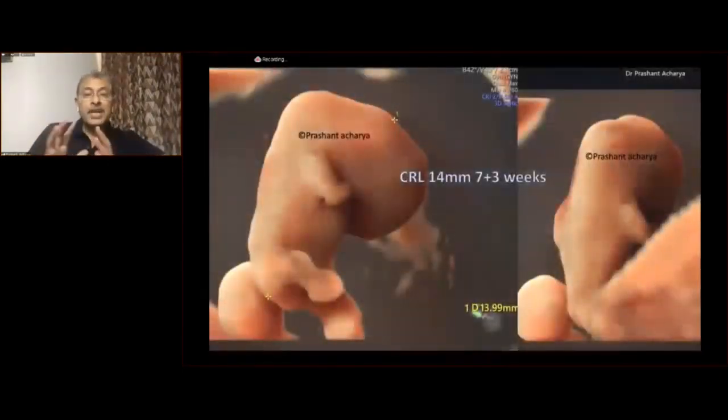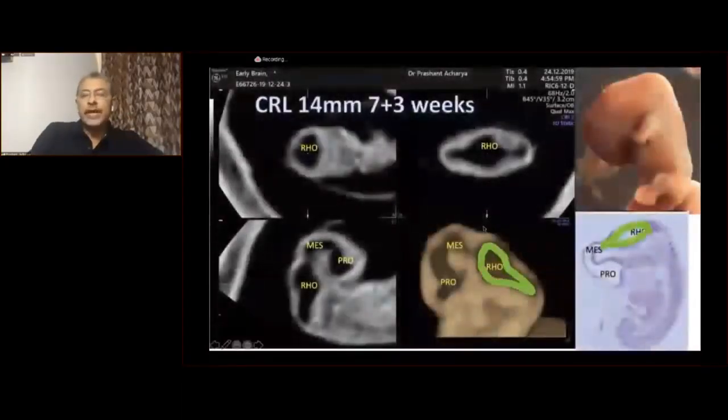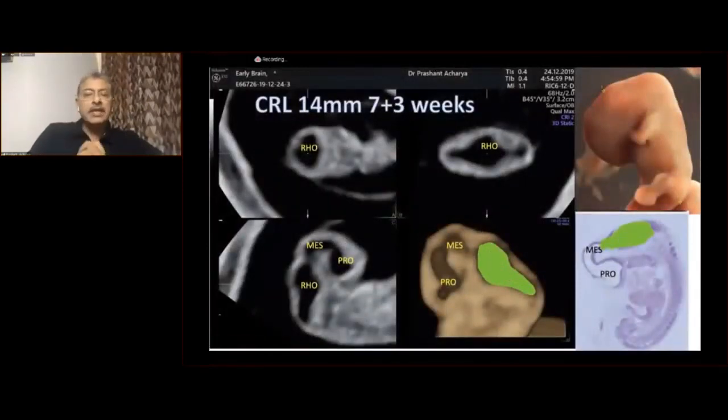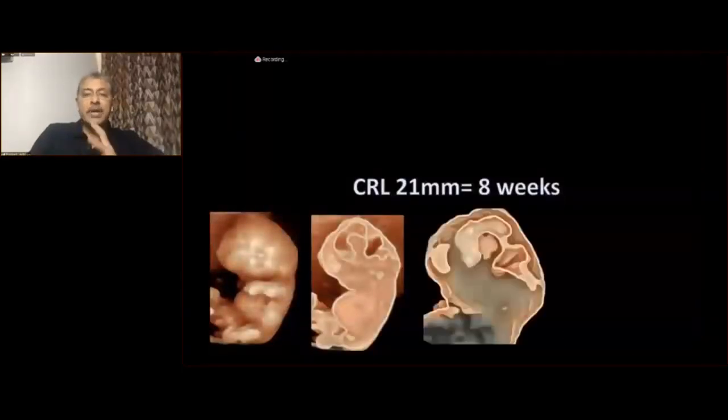This is CRL 14, just 4 millimeters of increase in size. You have limb buds which are there. It's not only the limb buds, but the most important point is you find three good vesicles, where from this green area, the rhombencephalon, the entire posterior fossa is going to develop.